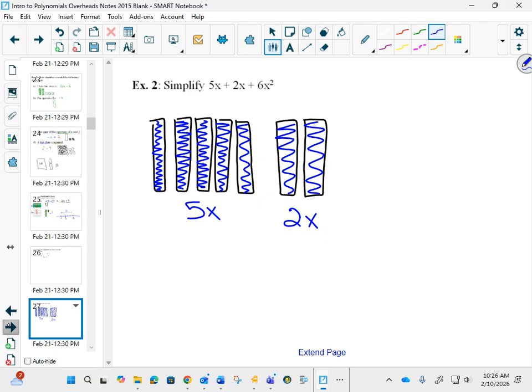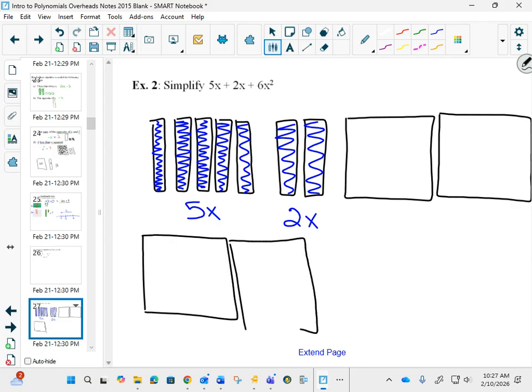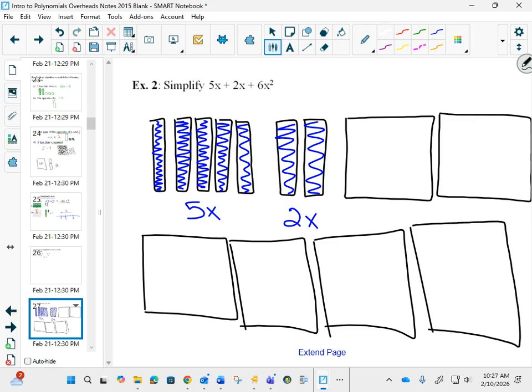And 6x squared. Oh, at this point I wish I would have started drawing a little smaller. 6x squared, those are the big boxes, and the big boxes have to be the same height or the same width. Oh my goodness. They have to be the same size as the little x's. 1, 2, 3, 4, 5, 6 of them.